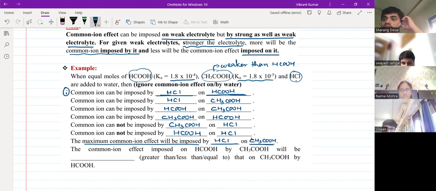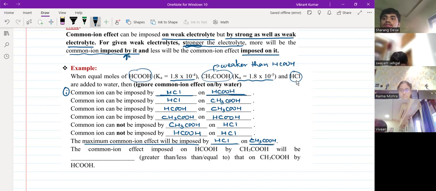If it is weaker, it will impose it by less extent, है ना? For weak electrolytes, the stronger the electrolyte, more is the common ion effect imposed by it. Stronger रहेगा तो it can impose greater amount. It will be having less imposition over itself, है ना?